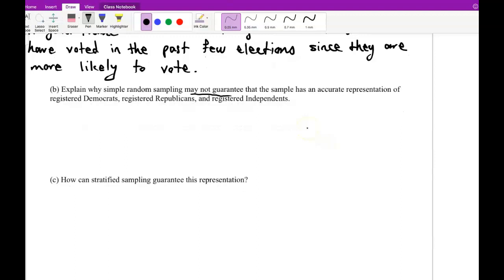The reason can be that each individual from the frame, or from our population, has the same chance of being selected, and there is a possibility of one group may be under or overrepresented. That's why the simple random sampling may not guarantee.